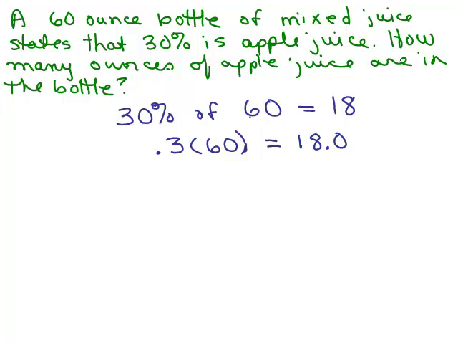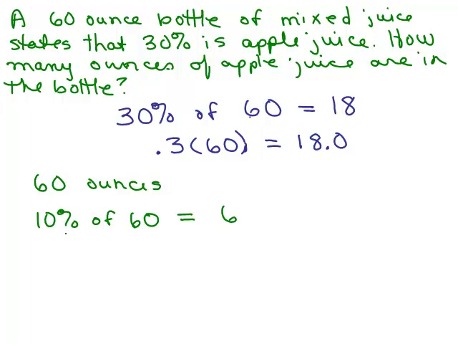Now here's another way of thinking about it. It says 30% is apple juice. So if you've got 60 ounces, 10% of 60, most people can figure out. You just move the decimal 1 to the left, which is 6 ounces, right?